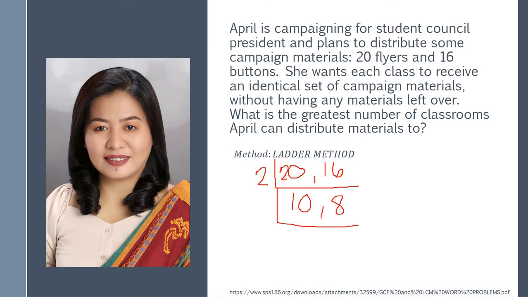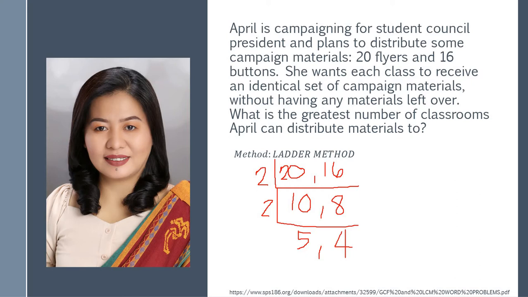Yes. Is 8 divisible by 2? Yes. So 10 divided by 2 is 5, and 8 divided by 2 is 4. Is there a number that we can divide to both 5 and 4? No. So we end here.